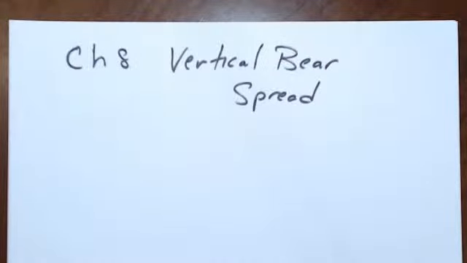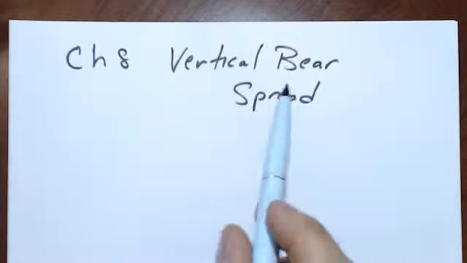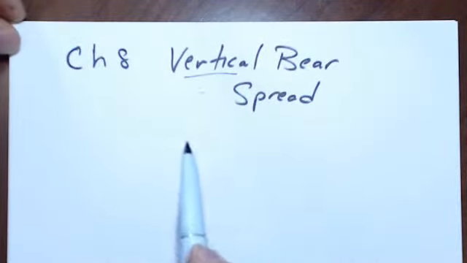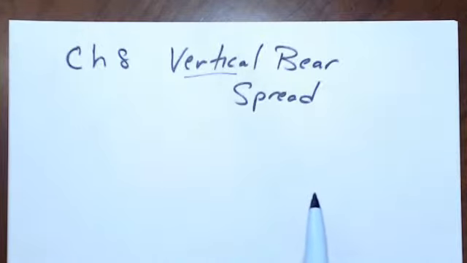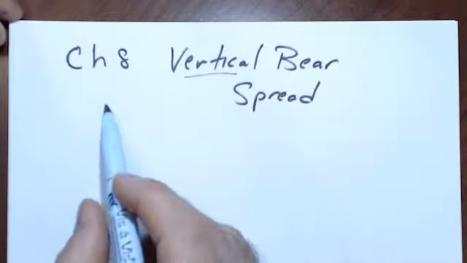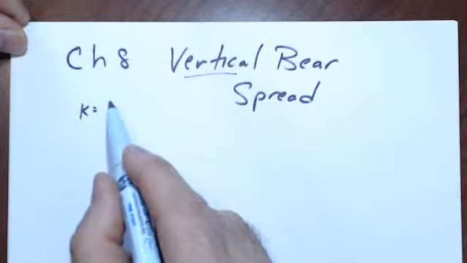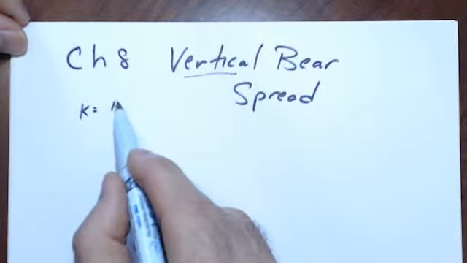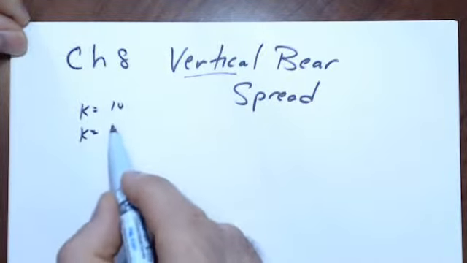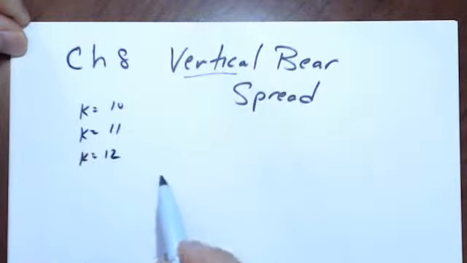This video covers Chapter 8, specifically a vertical bear spread. Now, the word vertical has to do with the way CBOE, the Chicago Board Options Exchange, and newspapers often publish options pricing data. They often publish, for a particular maturity, a strike of, say, $10, a strike of $11, a strike of $12.